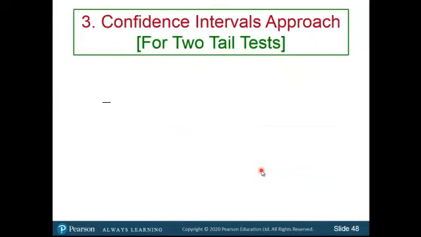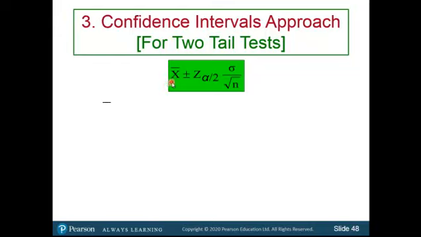The third approach for hypothesis testing is to use confidence interval. Confidence interval is suitable for two-tailed test situation. So here again, this is the formula for confidence intervals.